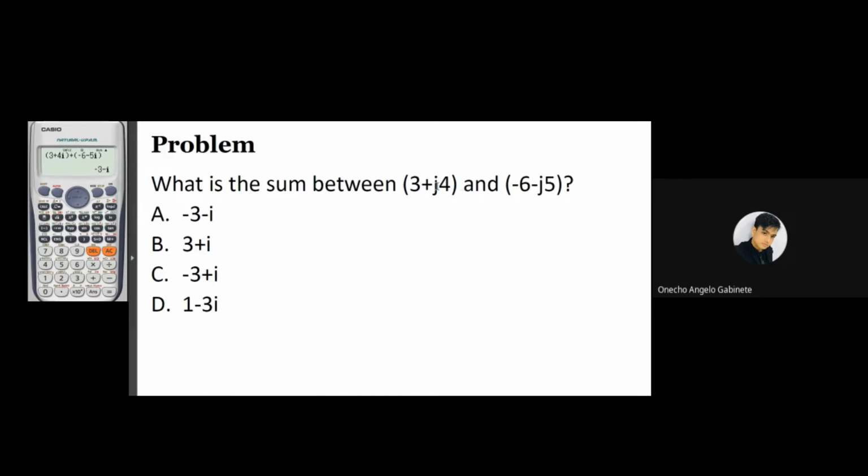So, again, yung j, representation ng calcu as i. Kasi same lang naman na imaginary unit yung i tsaka j. Yung i, ginagamit natin mostly sa mathematical representation, whereas yung j sa mga electrical circuits sa AC, since kasi ang i is current.